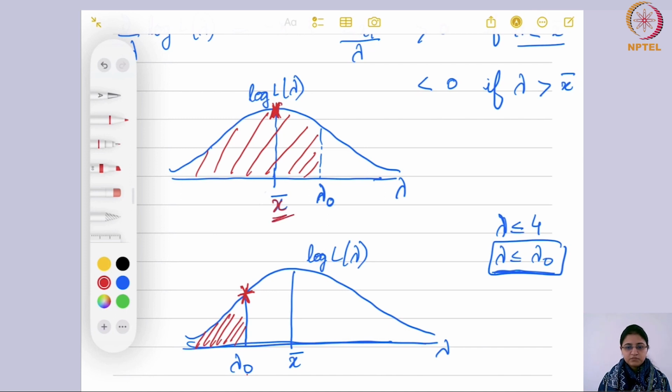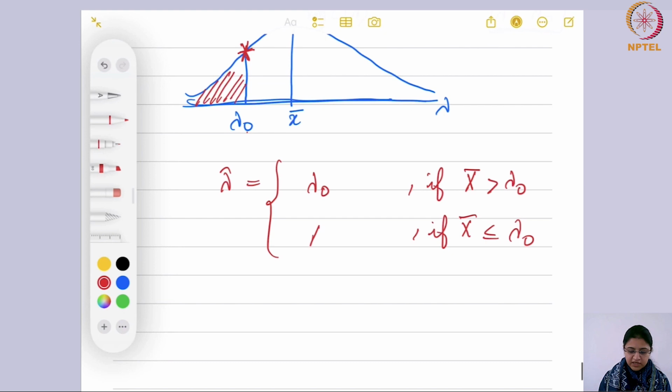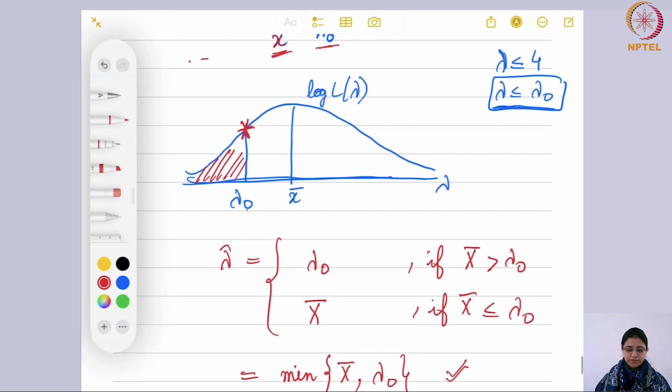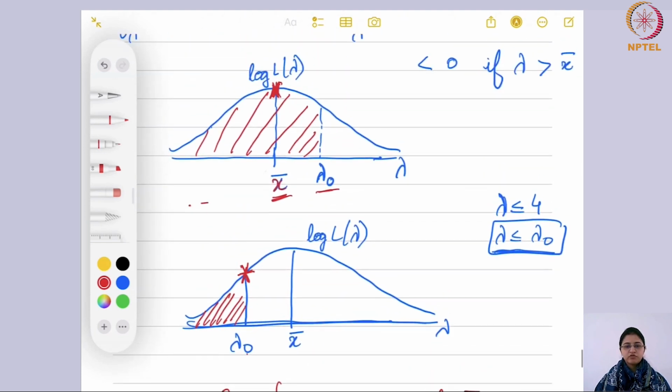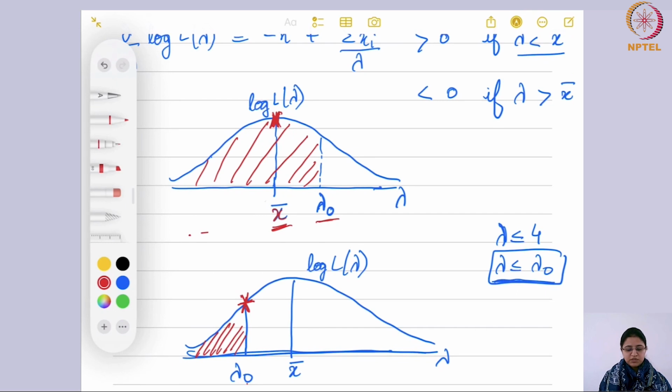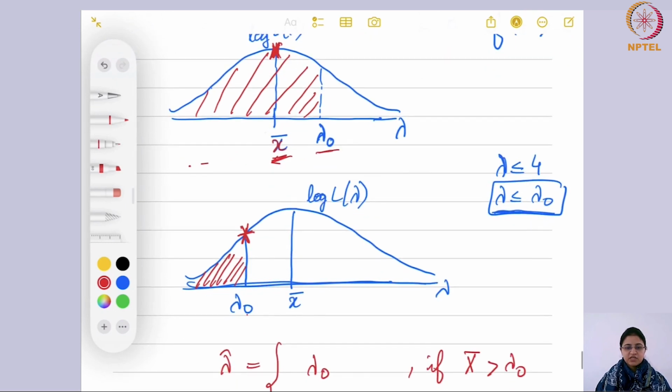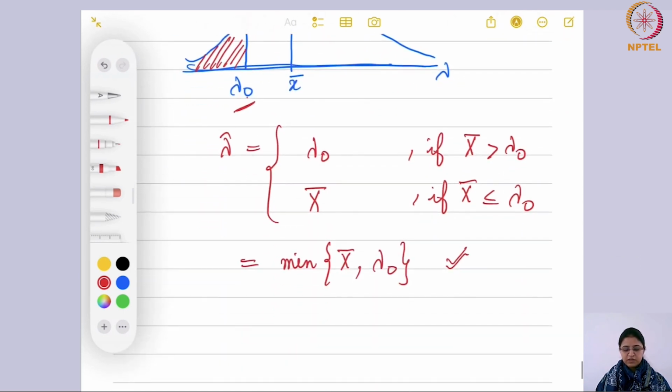So you will write x bar, and to summarize, it is basically the minimum of the sample mean and lambda naught. Because if you see which is minimum, in this case the minimum is x bar, because that is less than lambda naught, and in the other case lambda naught is the minimum. So the minimum of x bar and lambda naught would be the MLE for your lambda hat.